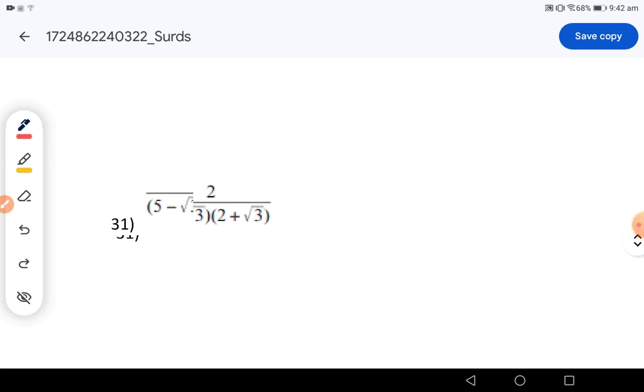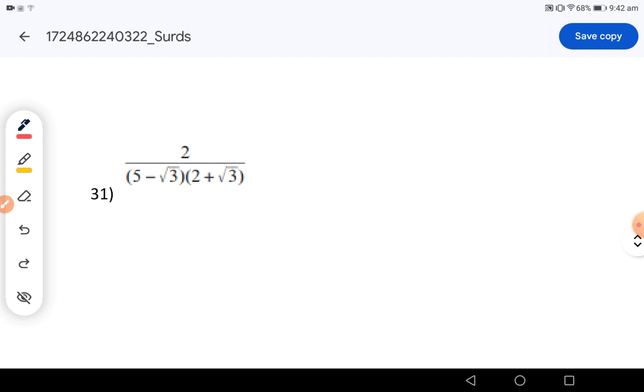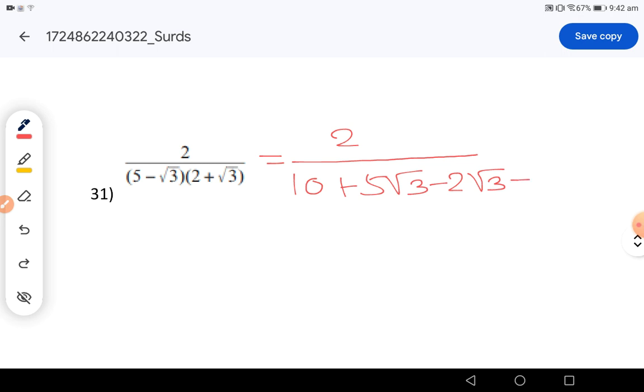Question 31, 2 by 5 minus root 3, 2 plus root 3. So first multiply. 5 times 2, 10, plus 5 root 3, minus 2 root 3 and minus 3.